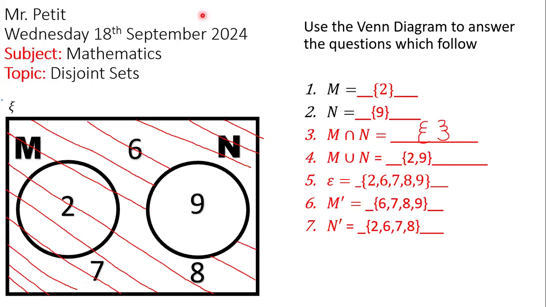So N complement means everything except for the N. Everything inside the universal set, so all these numbers, 2, 6, 7, and 8, all of them except for the numbers in N. That's why we do not include the 9 when we write the 2, 6, 7, and 8. That makes sense? Nateo? Yes, sir. That's good.